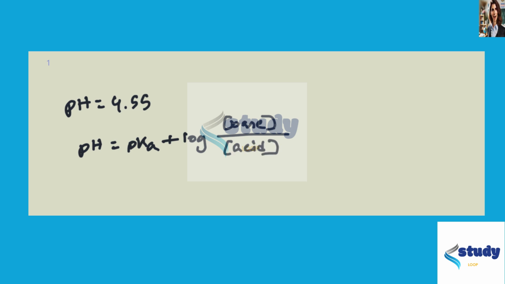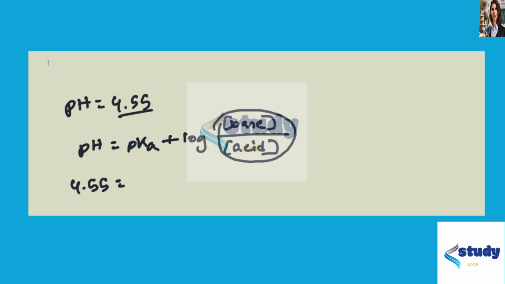So first we have to find the value of this ratio here. We know the pH value, which is 4.55, and the pKa value for the benzoic acid is 4.19 or 4.187.